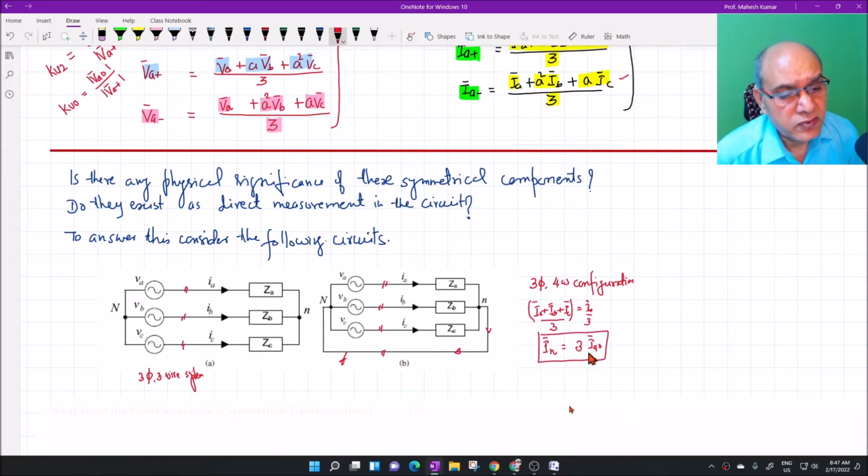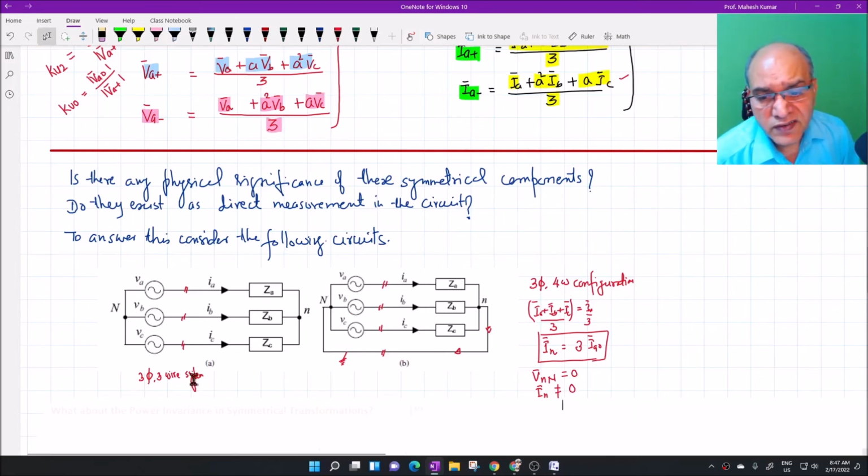Three times the zero sequence current of phase A will be the neutral current. And VNN will always be equal to 0 in this case, close to 0. That means IN may or may not be equal to 0 depending upon the balance or unbalance, but VNN is always equal to 0 because of the fourth wire.